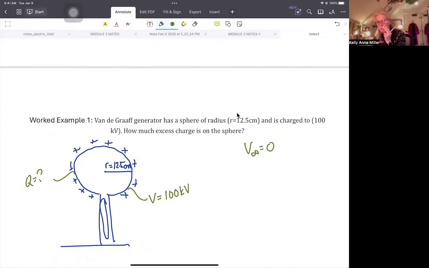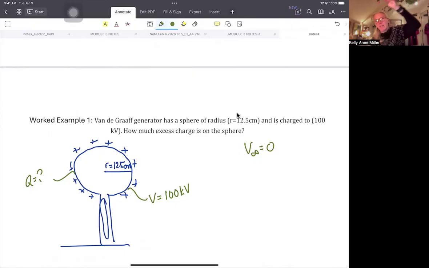Okay, this is an important point. We can pretend that all of that charge is concentrated at the center of the sphere. The reason for that, you've already discovered, hopefully on your own, has to do with Gauss's law.